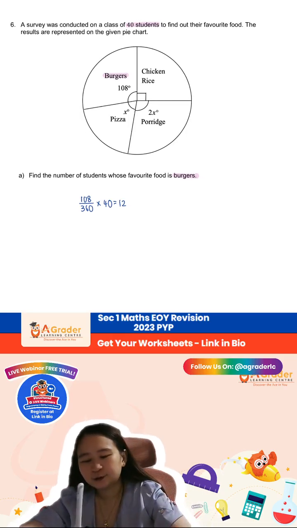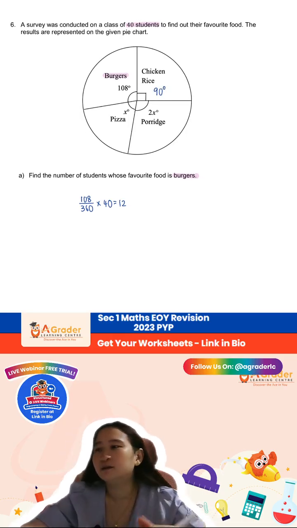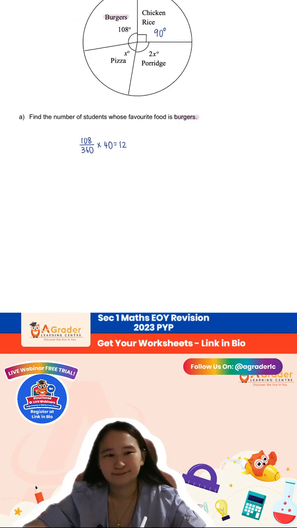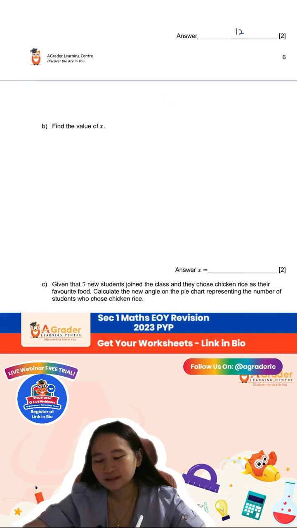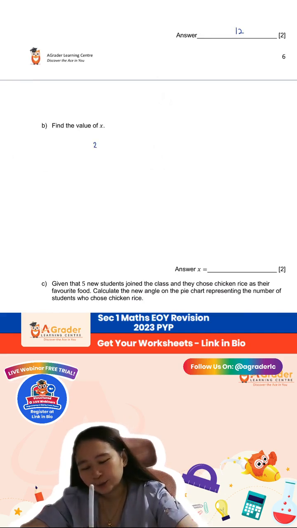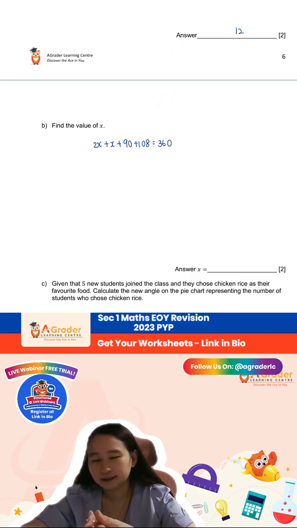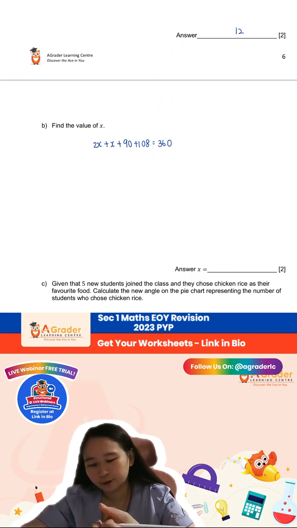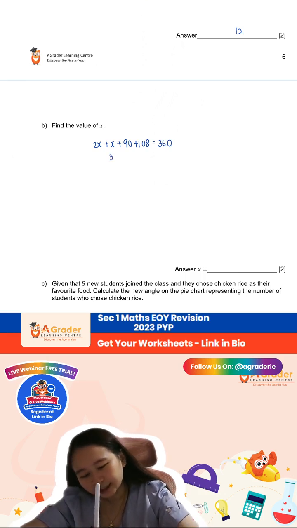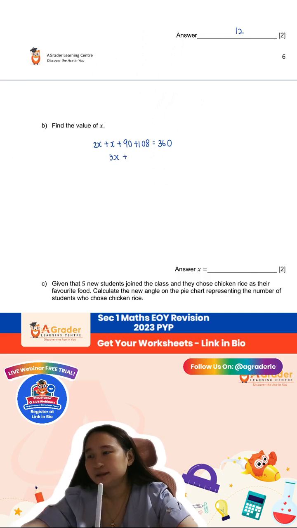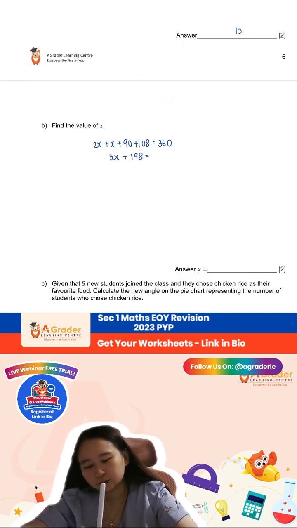So we can form an equation here. Chicken rice is 90 degrees, a right angle. So we add all the values up. We have 2x plus 90 plus 108. The total must be 360. Yep, x is 54, correct. Then we simplify this. 3x plus 198 equals 360.